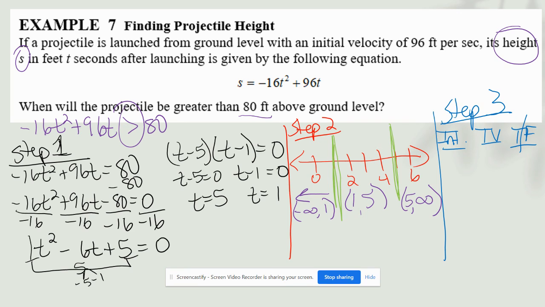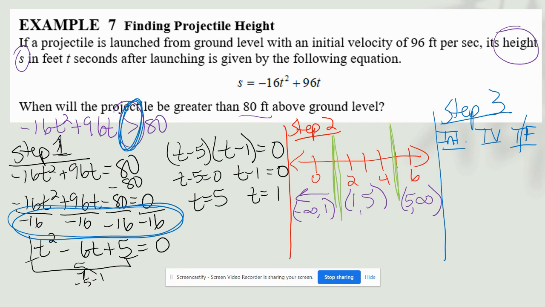Before we do this though, remember back here when we took out our greatest common factor and we divided by negative 16. What happens to an inequality when we divide by a negative? It changes direction.